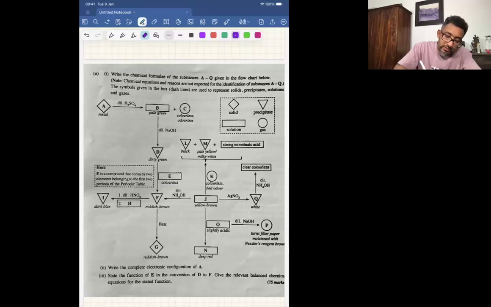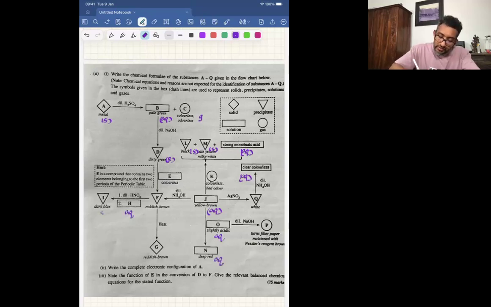So this is a solid. This is a solution, aqueous solution. This is a gas. Triangle means it's a precipitate, a solid. This is a solid. This is an aqueous solution. This is also an aqueous solution. Aqueous, aqueous, this is aqueous.